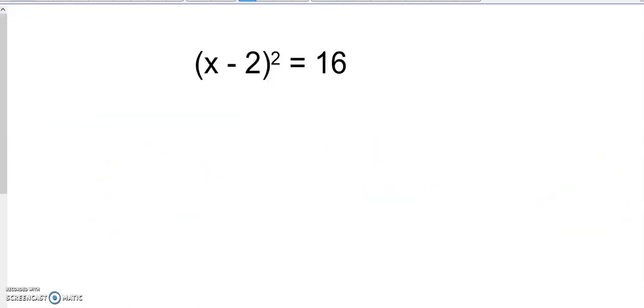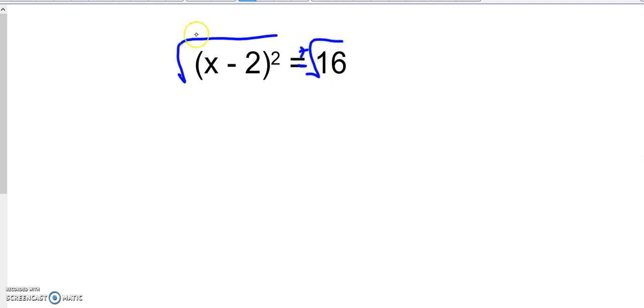And then the last type of example that we're going to run into, I'll do 2 of these real quick. If you have a quantity that's squared, or in this instance a binomial that is squared, we can square root right away as long as that's the only thing being squared and there's nothing else going on. So again, we'll want plus and minus there.